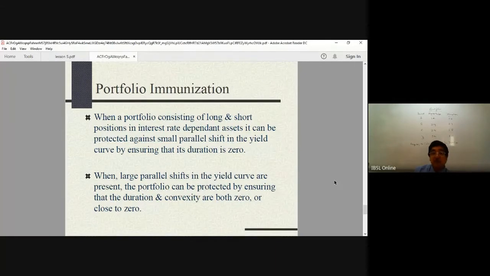But when you have liabilities, deposits or loans, it is a short position. If you purchase a bond, it is a long position. If you sell a bond, it is a short position.